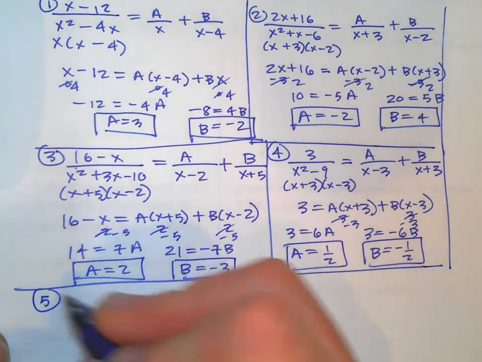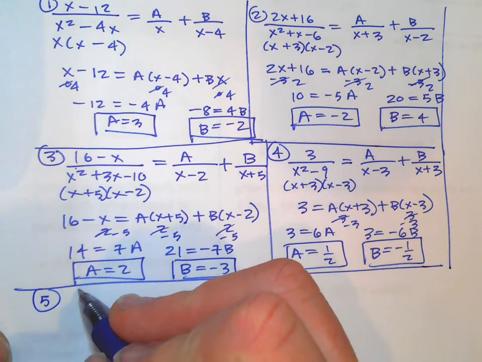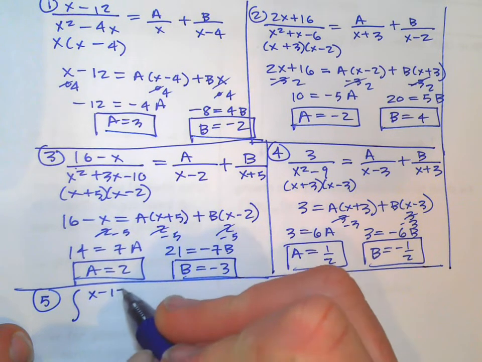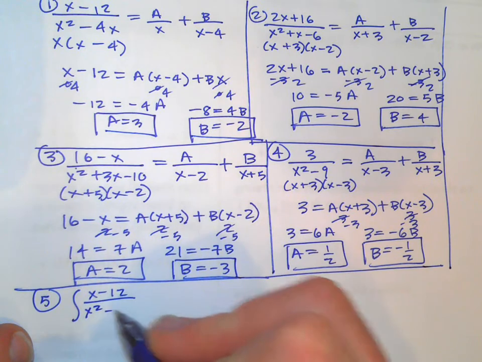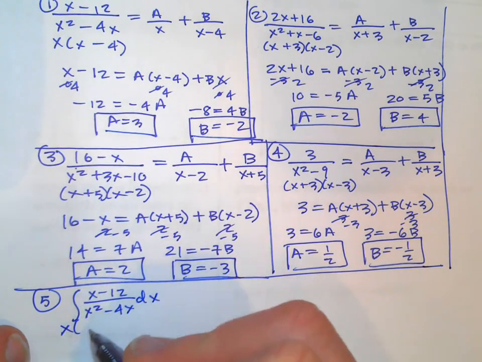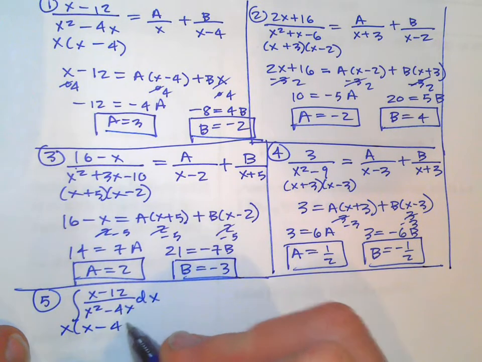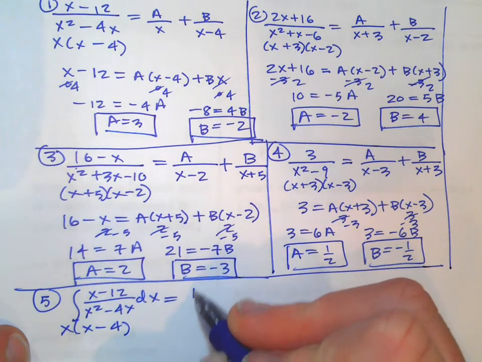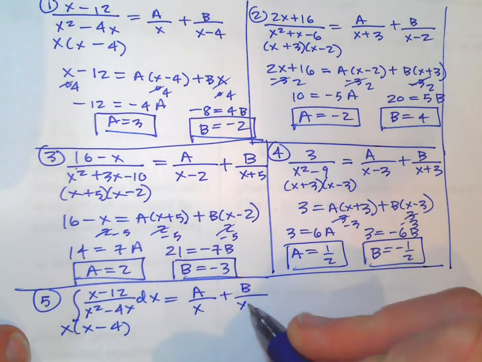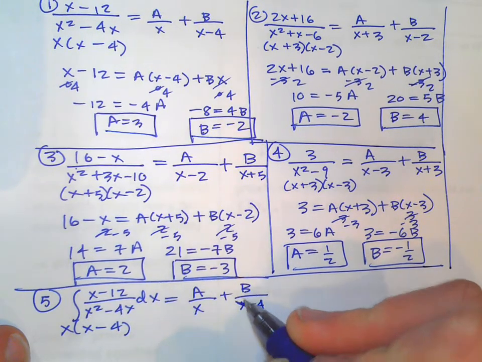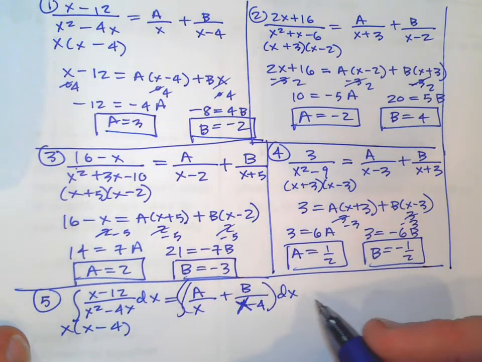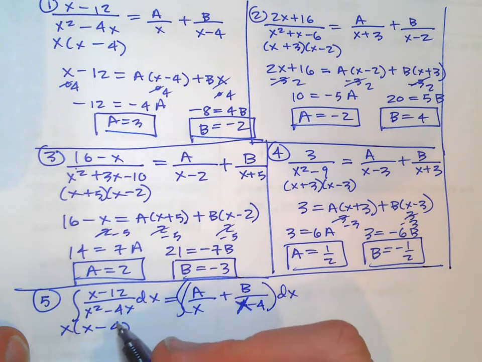Number 5 says to evaluate the integral. So let's see, it's x minus 12 over x squared minus 4x dx. We got to factor this, GCF x. So I'm going to put A over x plus B over x minus 4. You could do it the other way, that's fine. Now we're still integrating here, but we're going to take a little quick break to break it down.